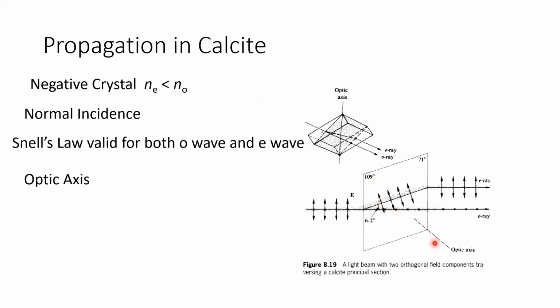Okay. And what we know about the negative crystals, E ray would be towards the optic axis. How do you get that? Because E ray is traveling in the direction of the pointing vector.